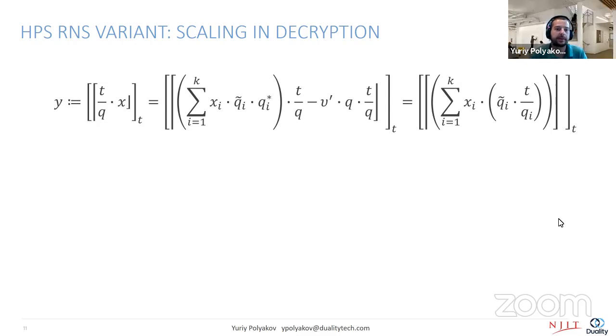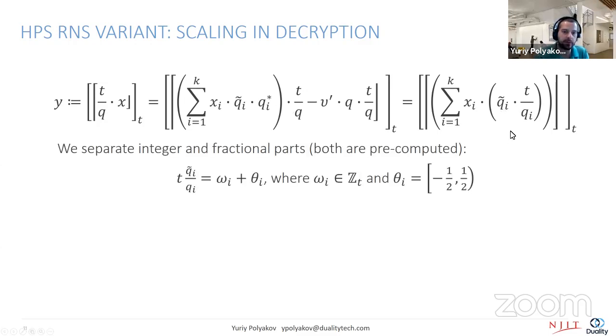We substitute one of the CRT expressions, and it can be easily shown that this part is eliminated automatically because it's going to be a multiple of t, the plaintext modulus, so we can immediately discard this part. The part that's left is only the first term, and after applying basic simplifications, we get to this expression.